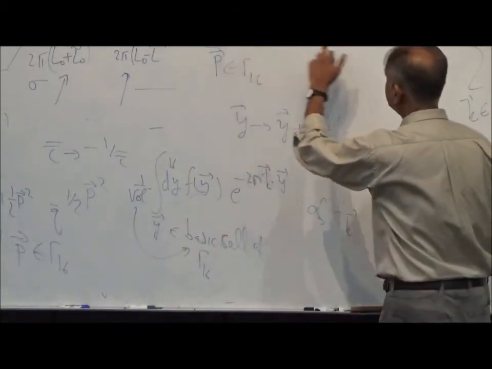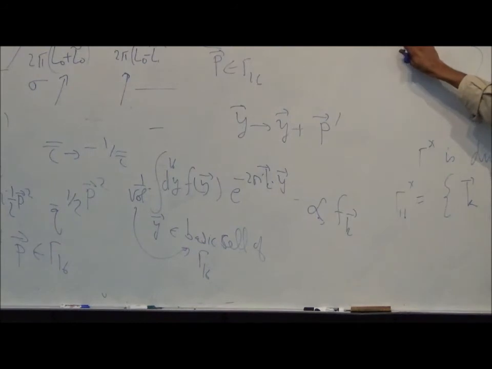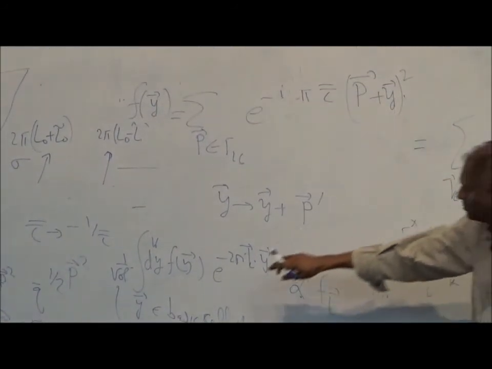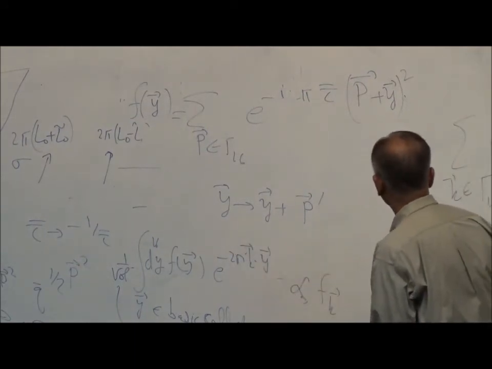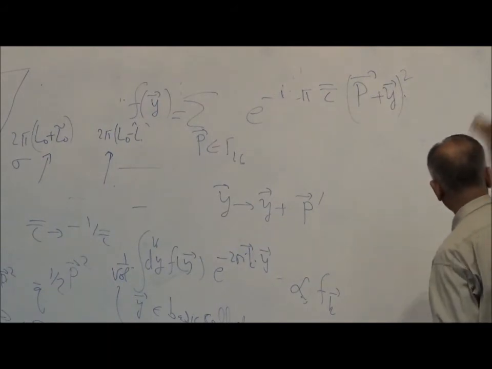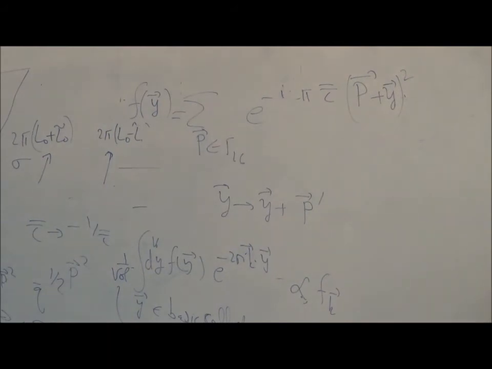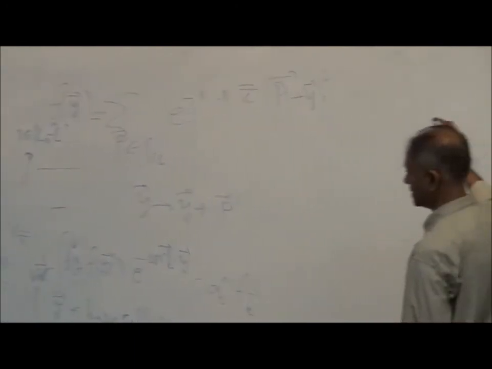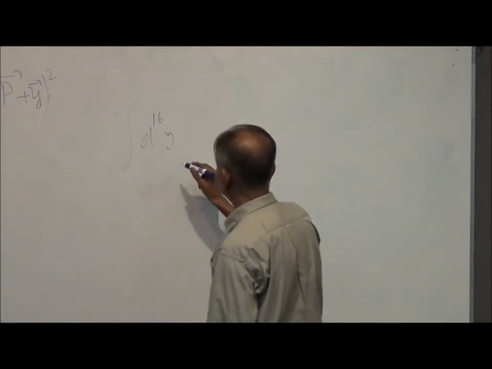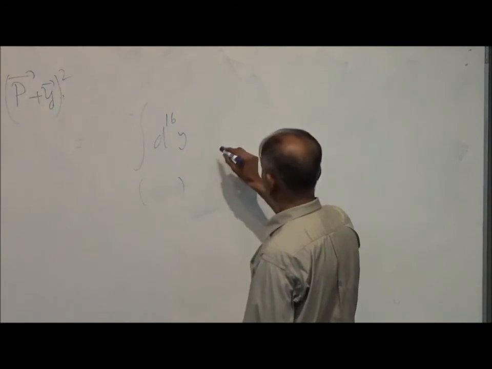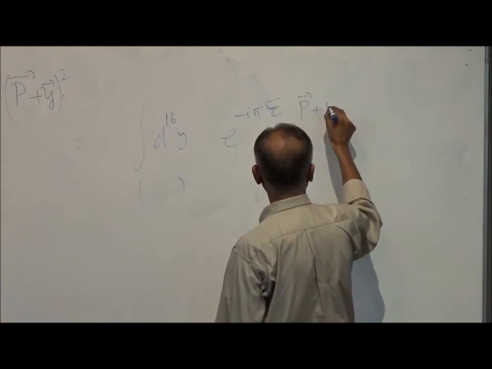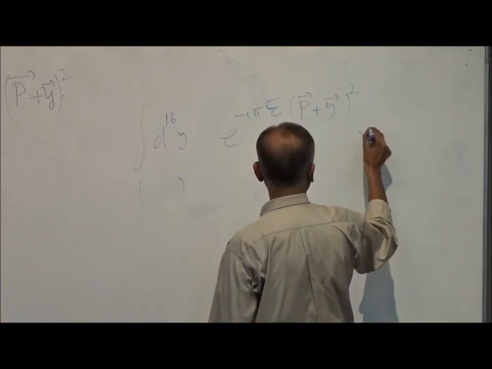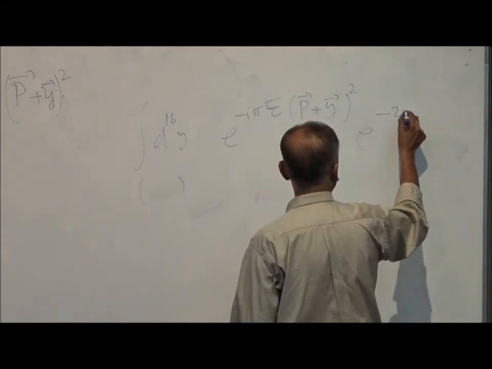Well, let's plug it back here. Now you see that it's a Gaussian integral in y, right? You plug f of y back here. So we are integrating d16y in a basic cell of e to the power of minus i pi tau bar, y plus p squared, times e to the power of minus 2 pi i k dot y.